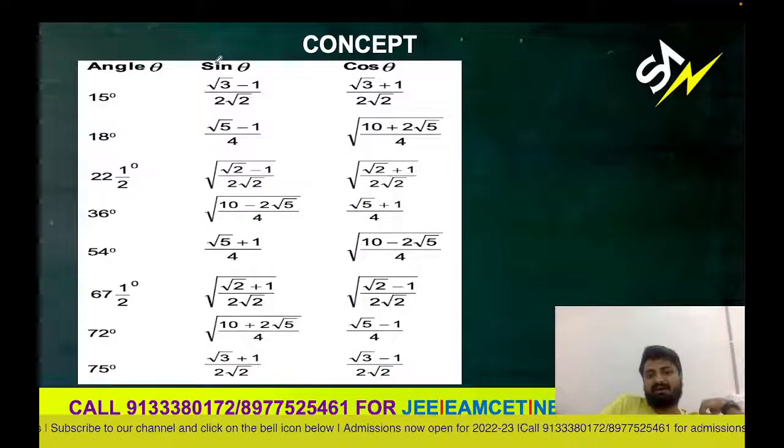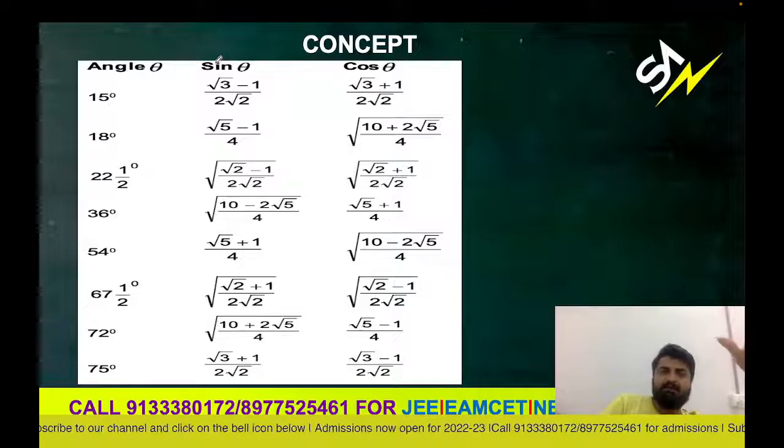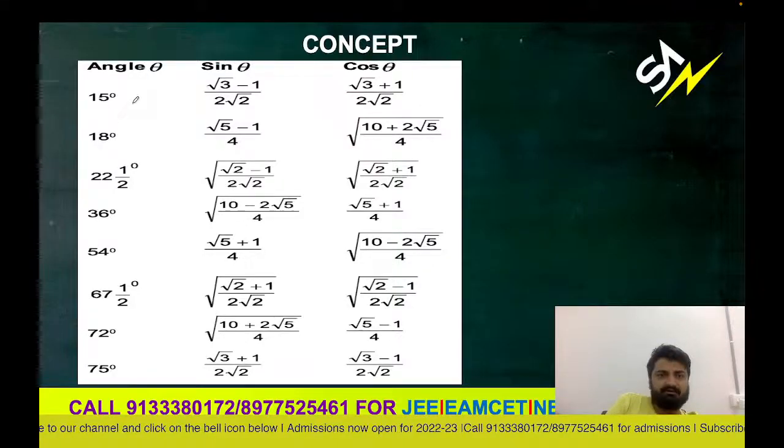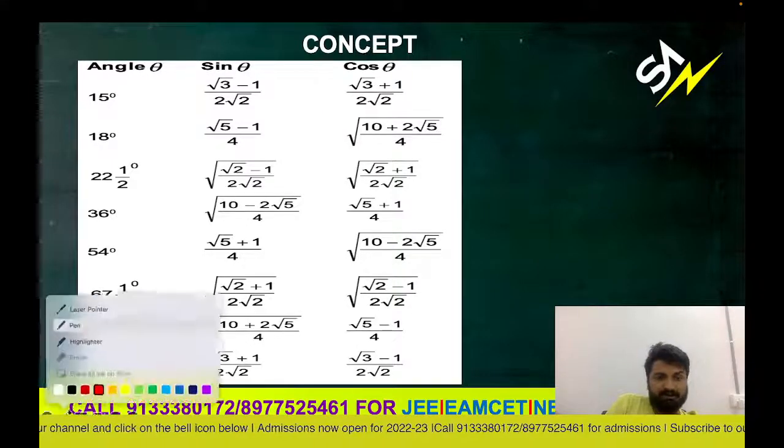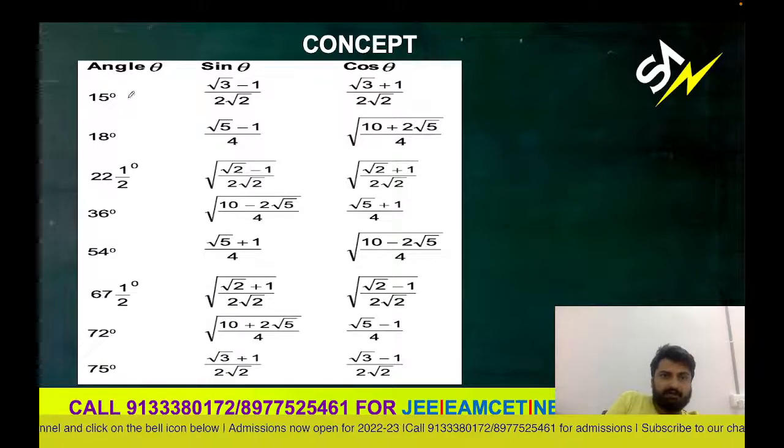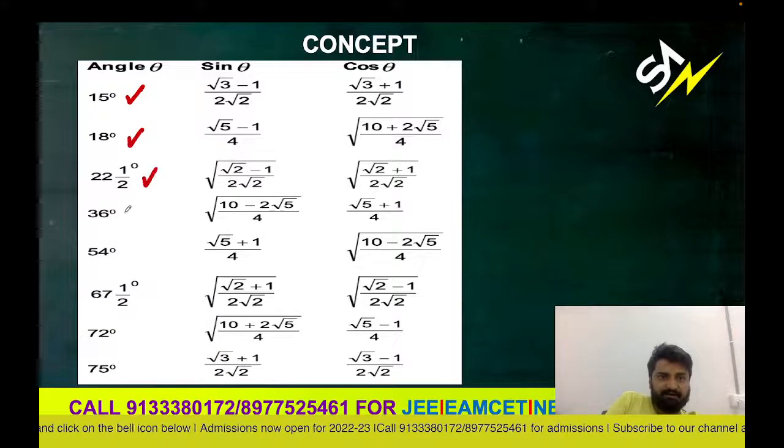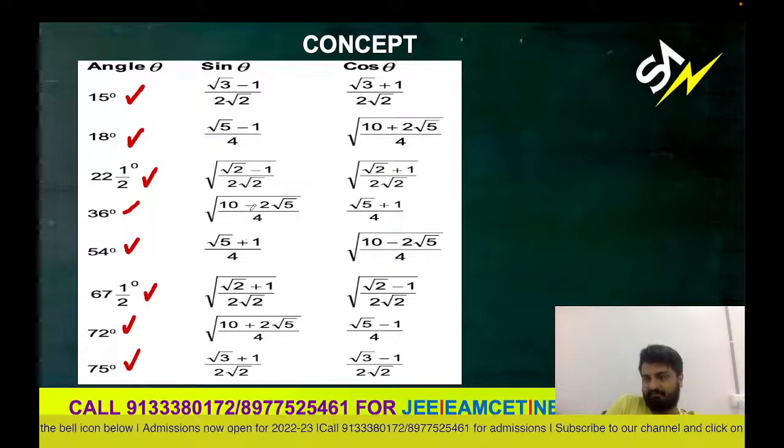You are also expected to know the not so standard values. If you want to solve trigonometry well, you need to know values of 15, 18, 22 and a half, 36, 54, 67 and a half, 72 and 75.